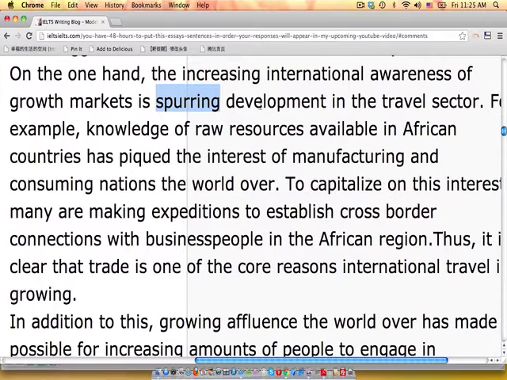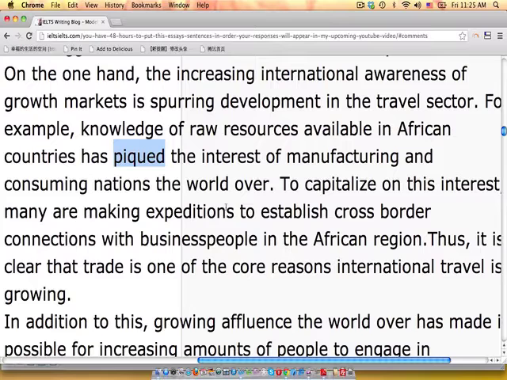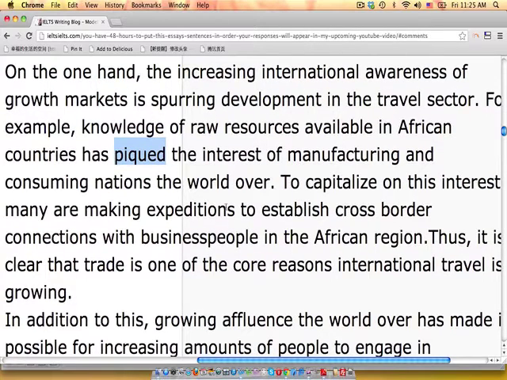"For example, knowledge of raw resources available in African countries has piqued the interest of manufacturing and consuming nations the world over. To capitalize on this interest, many are making expeditions to establish cross-border connections with business people in the African region. Thus, it is clear that trade is one of the core reasons international travel is growing."